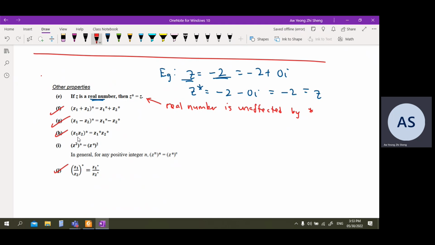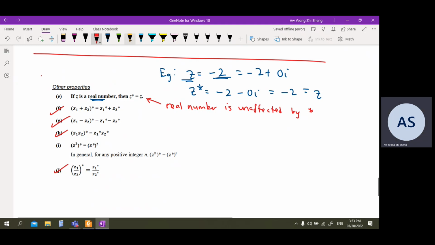Property H says the star can be distributed over multiplication. Property J says the star can be distributed over division. And so the star operator has this very convenient property that allows us to distribute the star over addition, subtraction, multiplication, and division. So we can confidently distribute the star over plus, minus, multiply, or divide.